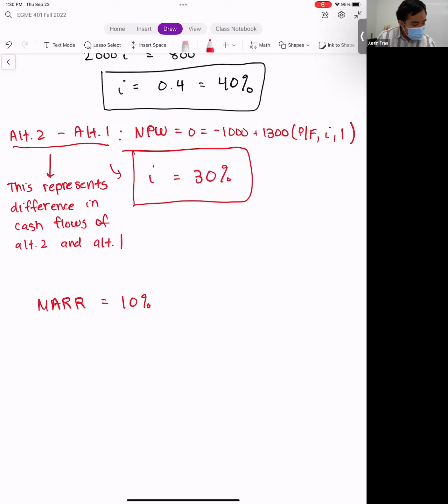Okay. And so, to sum it up, here's what you do. The rate of return that we obtain from the difference is known as the incremental rate of return.